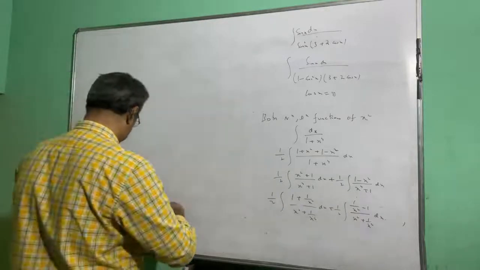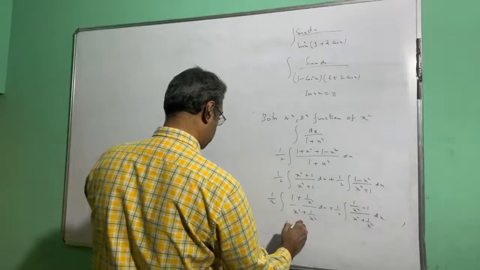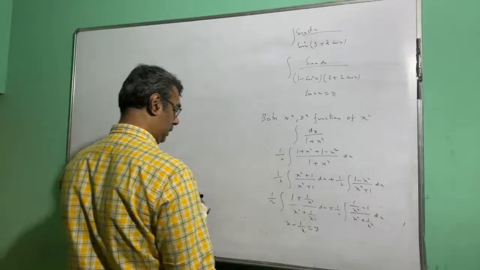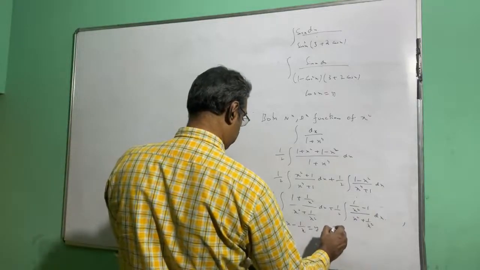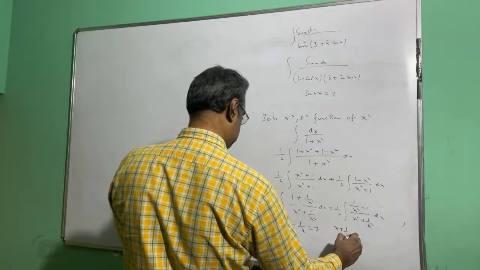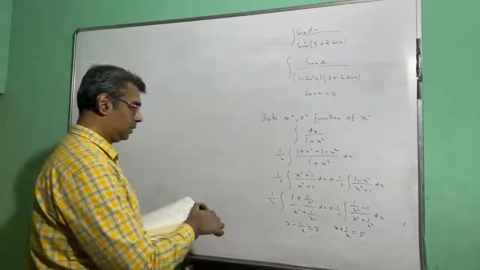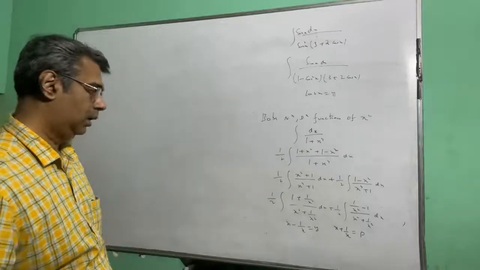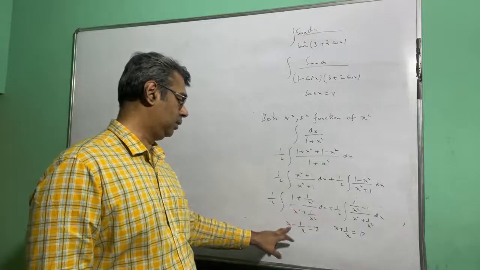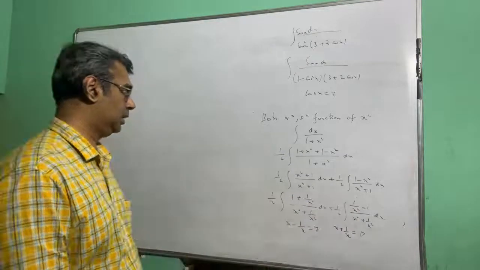Then for this one, you have to put x minus 1 by x as y, and for that one, you have to put x plus 1 by x as p. In this one, to get this numerator, you have to put x minus 1 by x as y, and here to get the numerator, you have to put x plus 1 by x as p.